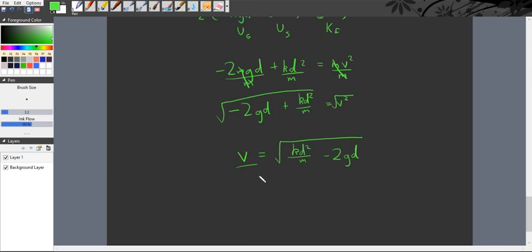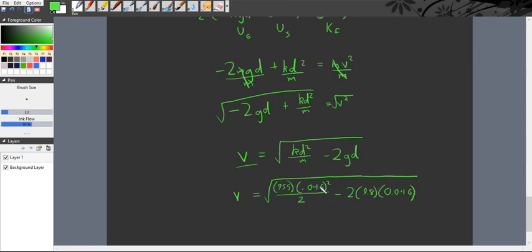Now the good news is we could easily plug in the numbers and get v as an actual number. So this is 955 times 0.046 over the mass, which is 2, minus 2 times g times 0.046.